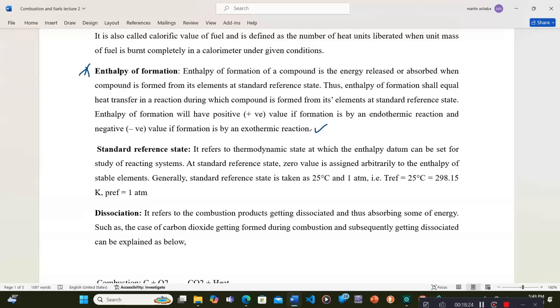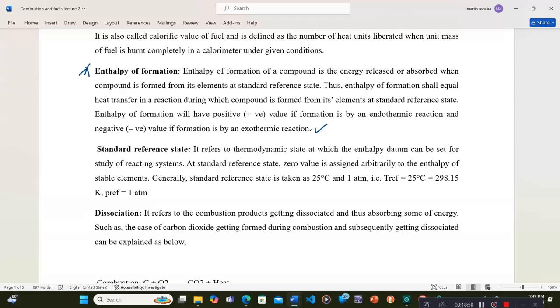We have said the standard reference state refers to the thermodynamic state at which the enthalpy datum can be set for studying reacting systems. At the standard reference state, a zero value is assigned arbitrarily to the enthalpy of stable components. For example, oxygen would be 0 if it exists as a molecule.